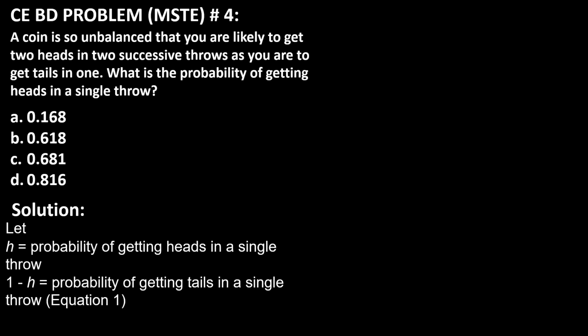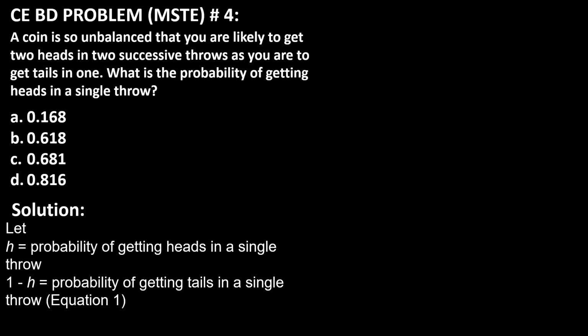For the first step of our solution process, let h be the probability of getting heads in a single throw. And for another one, let 1 minus h be equal to the probability of getting tails in a single throw. Then let this be our equation 1.